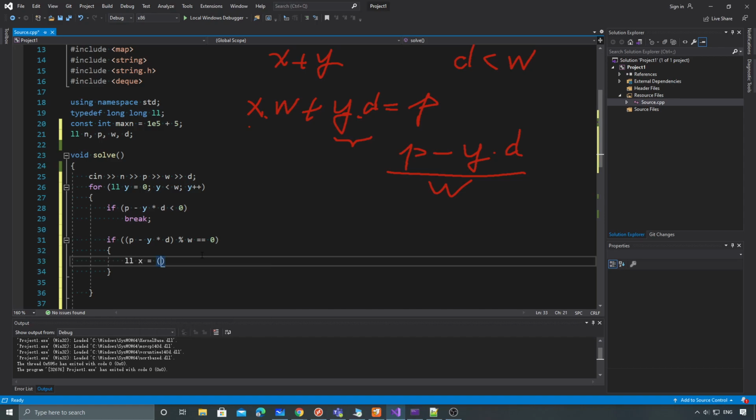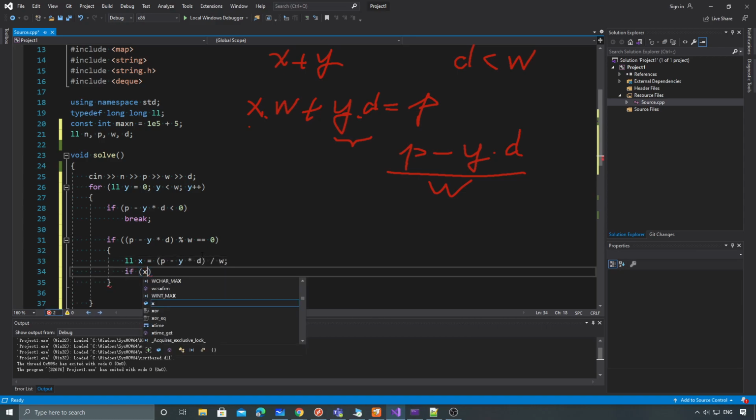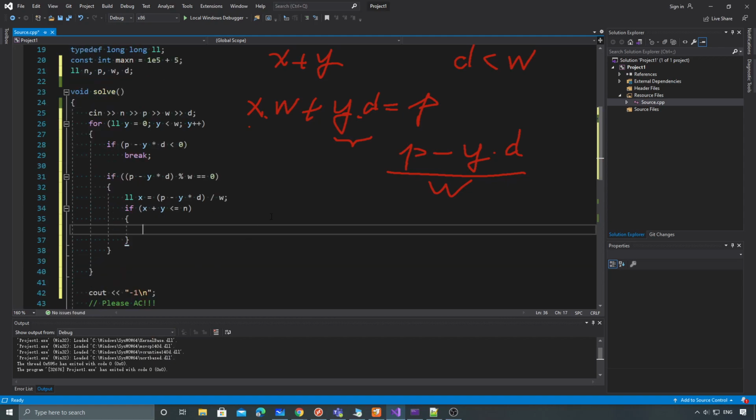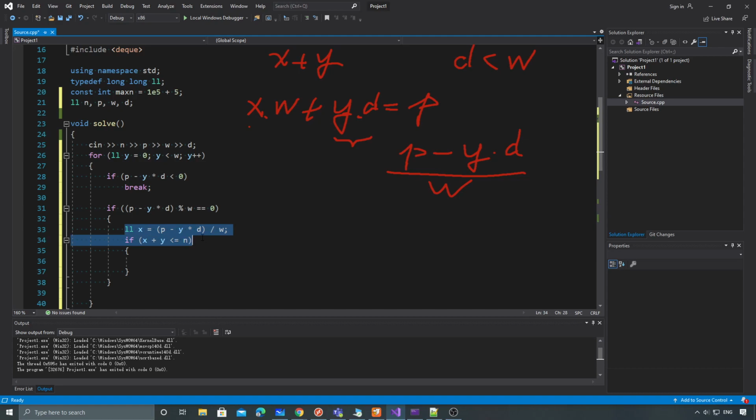X is going to be P minus Y times D, divided by W. And then the last check we need to do is to make sure the X plus Y is within the range of N. Because let's say we find the optimal solution here, but this one is already greater than N, then of course that will not be our answer either.